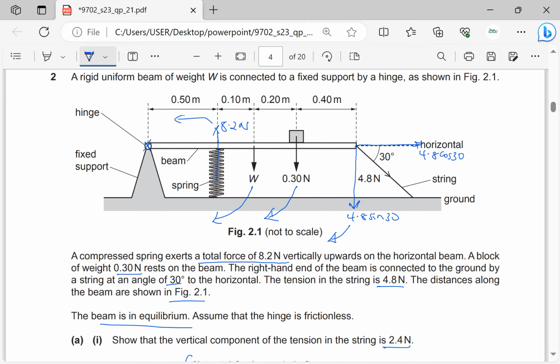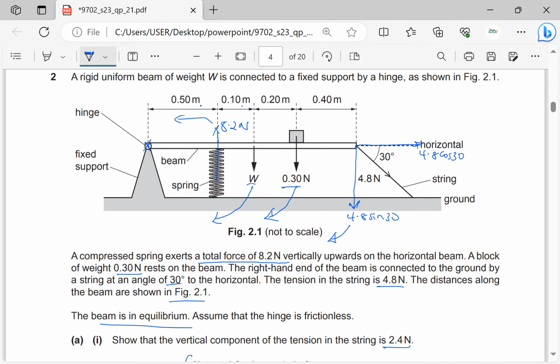The 4.8 cos 30 has no moment because its line of action is in the horizontal, which goes through the beam. So we have 3 clockwise moments and 1 anti-clockwise moment. For equilibrium, according to the principle of moments, the sum of clockwise moments should be equal to the sum of anti-clockwise moments if the body is in equilibrium. So I have the weight W, its perpendicular distance is 0.1 plus 0.5 from the fixed point.